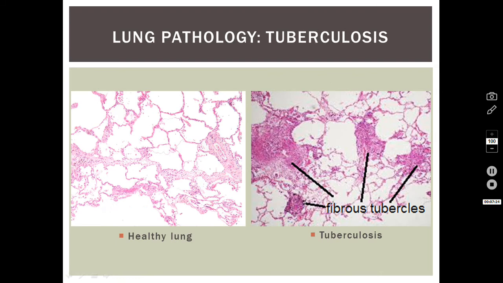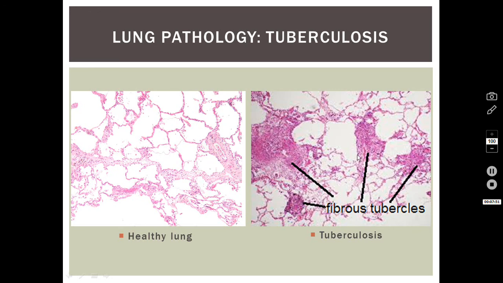Then the other things that you guys looked at were some lung pathologies, differentiating between what is healthy lung tissue and what is diseased lung tissue. Tuberculosis was one of the first that you looked at. So here again, our nice healthy lung, and here you can see the lung from someone who's suffering tuberculosis.